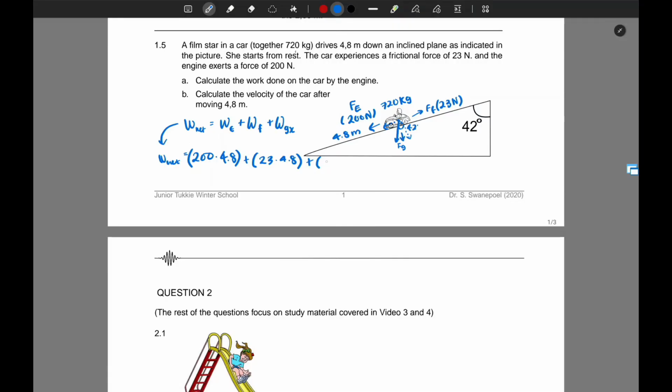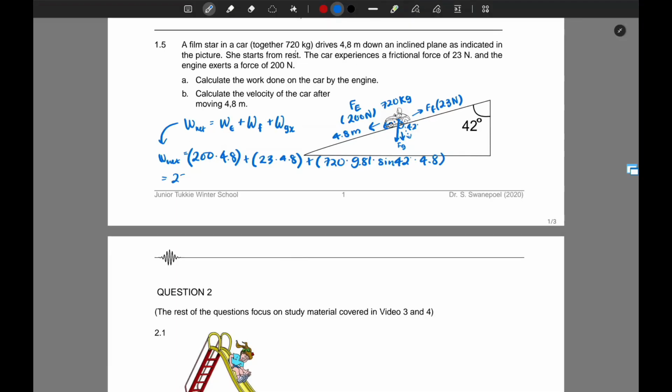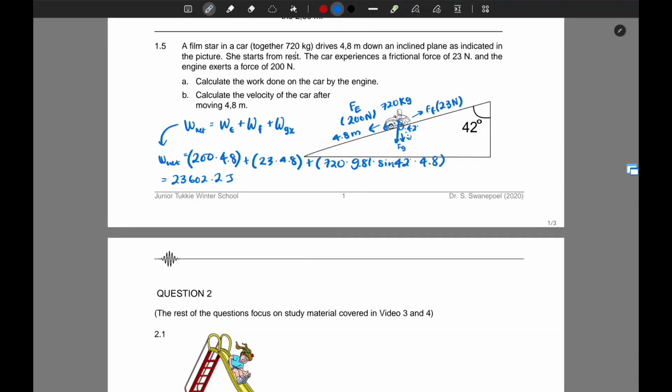So we'll take force, which is mass times gravity times sine 42 times the distance, which will give us 50,602.2 joules.